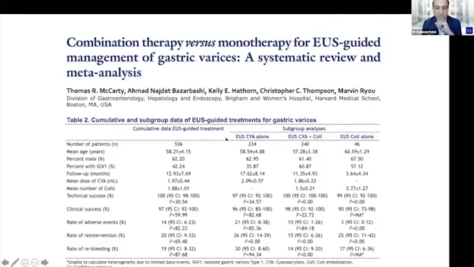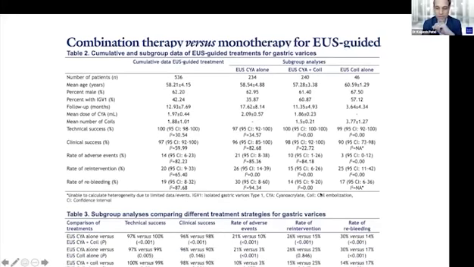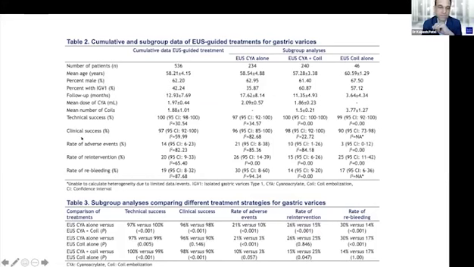Our own data was included in this meta-analysis, comparing the outcomes with, again, glue alone under EUS guidance, the combination, or coil alone. And what we can see here, I'm going to direct your attention to the subgroup analyses.